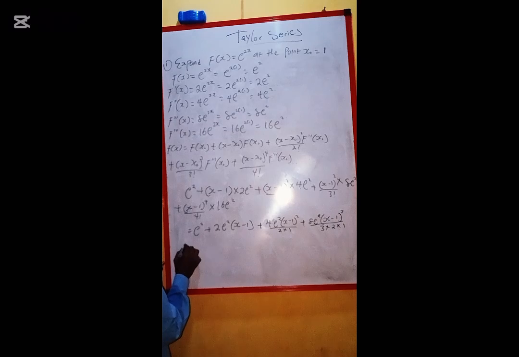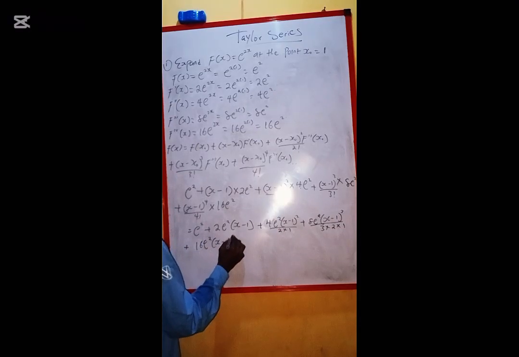Then the next one is what? 16e squared (x minus 1) to the 4 over 4 times 3 times 2 times 1, right?